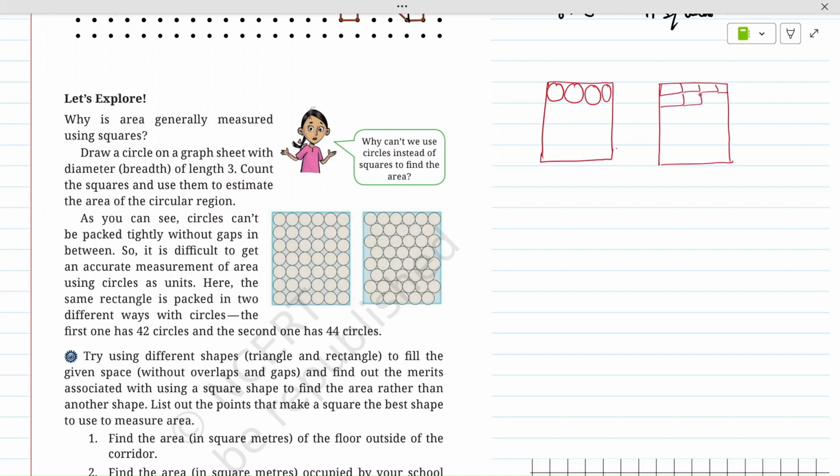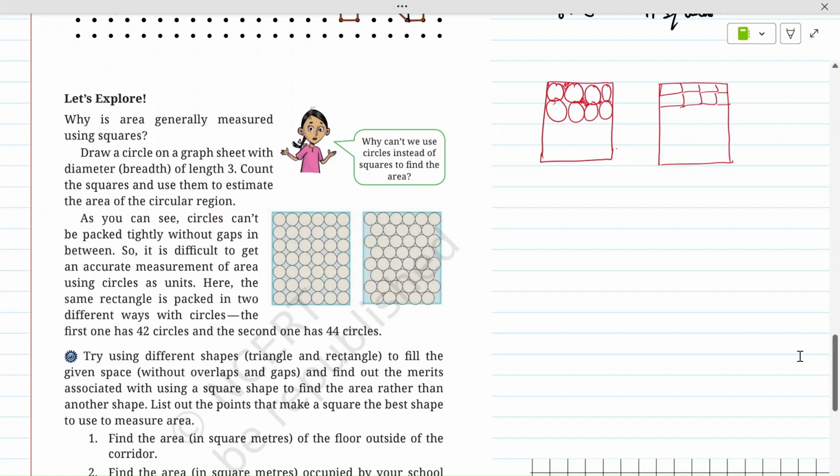If we use circles here, then the area between the circles will be wasted and we will not be able to measure it, right? But if we use any square or rectangle for measurement, then we will not get gaps and the area will be perfectly measured. So that's the reason we generally use squares or rectangles.